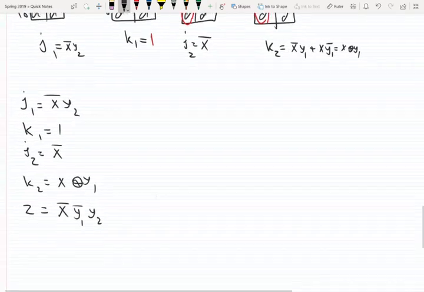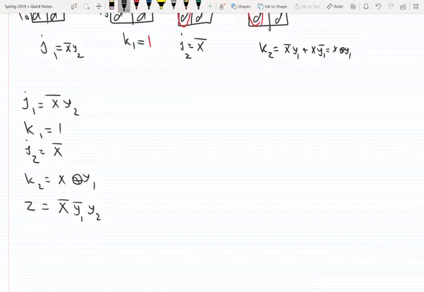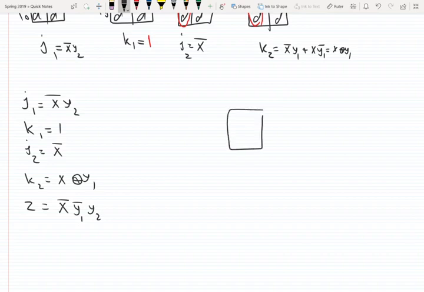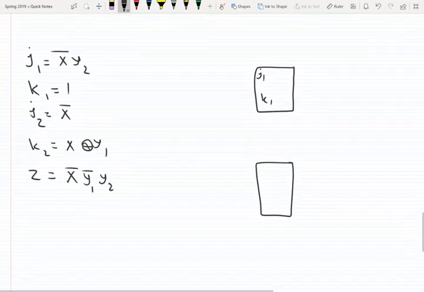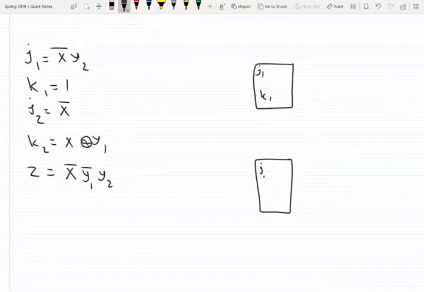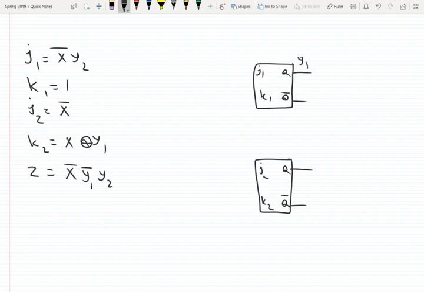For designing the circuit, how many flip-flops do we need? Of course, two flip-flops. So one flip-flop, two flip-flops, with J1, K1, J2, K2, Q, Q bar, y1, y1 bar, y2, y2 bar.